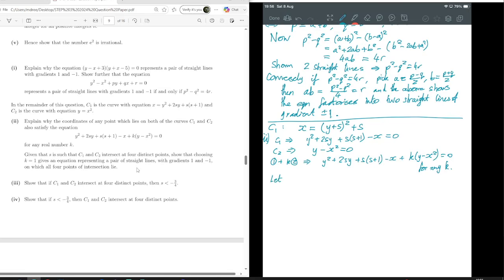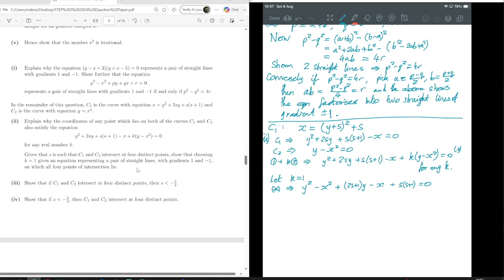Let k equal 1, and I'm going to call this equation star because I feel like I'm going to refer to it a few times. So equation star I'm now going to write as y squared minus x squared plus (2s plus 1) y minus x plus s plus 1 equals 0. So now it looks even more like part I.